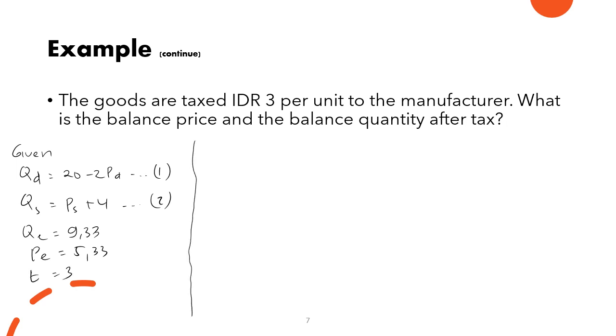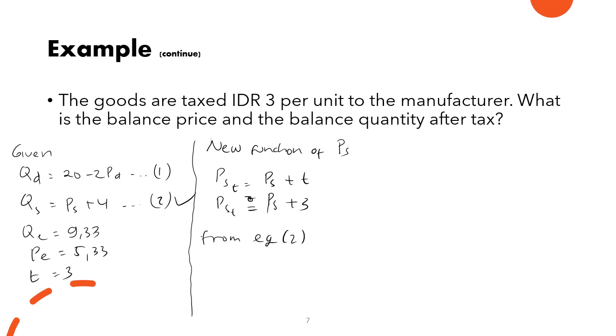What will happen? From what I mentioned before, we make a new supply function. PST equals PS plus T, which is PS plus 3. Now from our supply function, equation 2, because it is still in the explicit form of QS, change it first to PS.